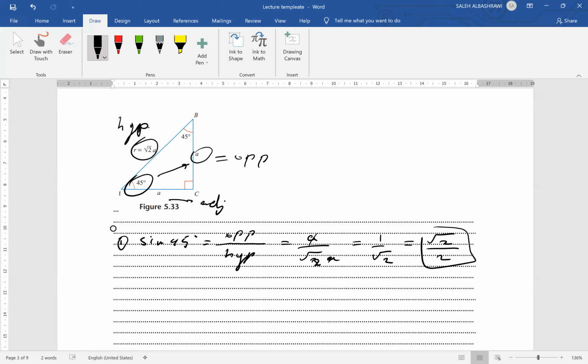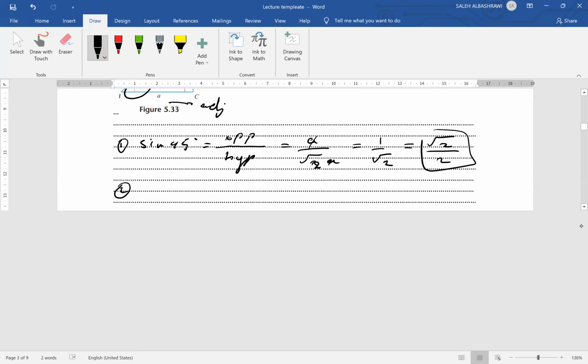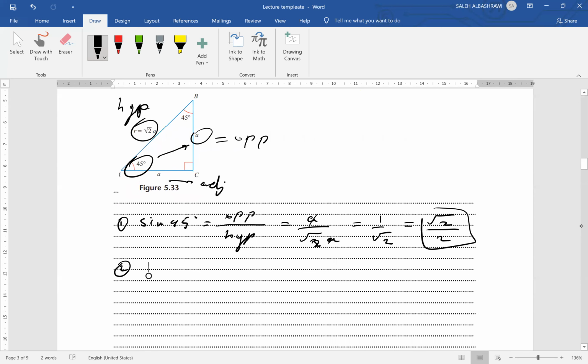So sine 45 equals square root of 2 divided by 2. The second one, cosine 45, is equal to the adjacent divided by the hypotenuse. The adjacent equals A, divided by square root of 2 multiplied by A. Also, I can simplify this.